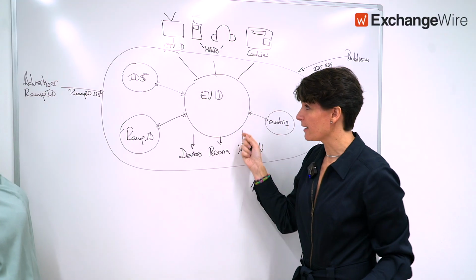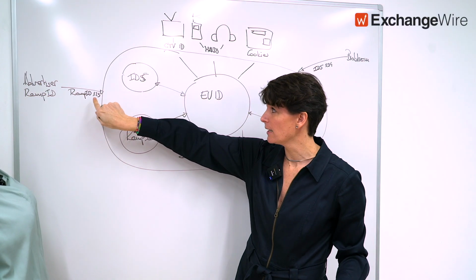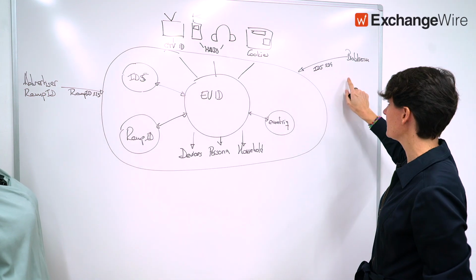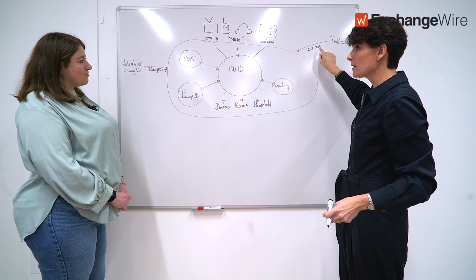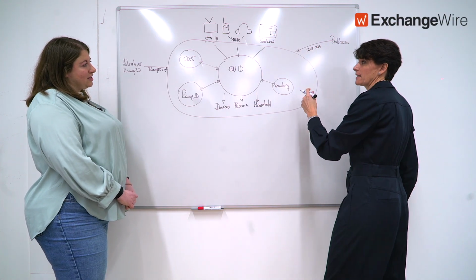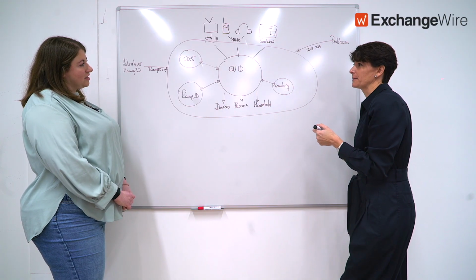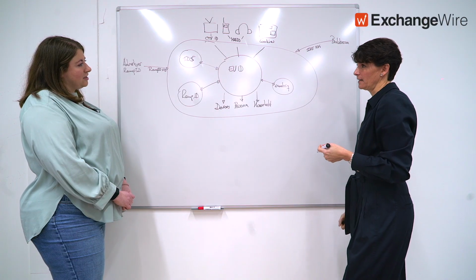But the graph of graphs knows that ID 5, 2, 3, 4 is the same persona as RampID 1, 2, 3. So now we don't need to say no to this impression, because we know we want it. So that's the benefit of a graph of graphs: you are using the power of all of these other identifier-based graphs to find your users, whatever identifier they have linked to them.